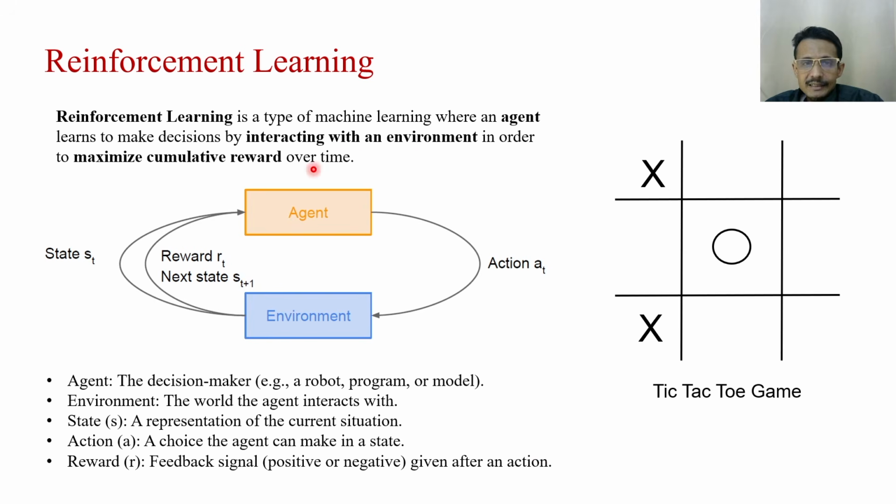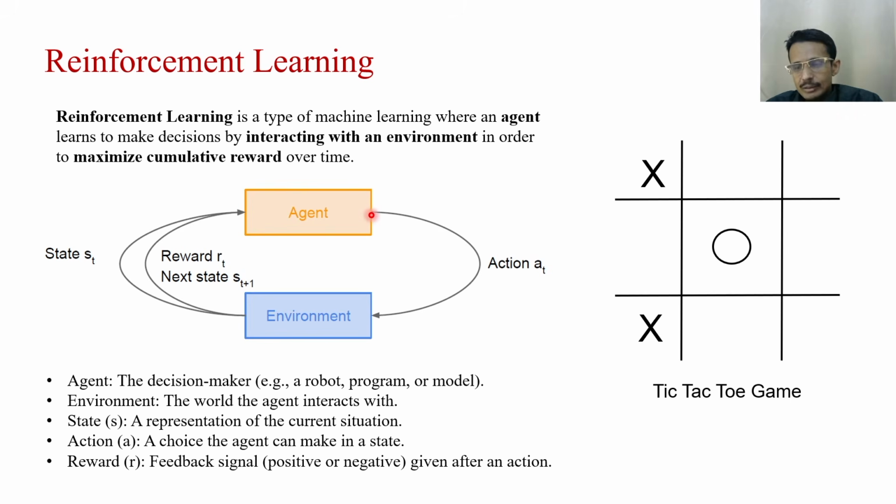This is the setup of reinforcement learning, where the agent learns to make these kinds of moves. Given a state, it takes an action, and this step or move sends it to another state and gives some reward.